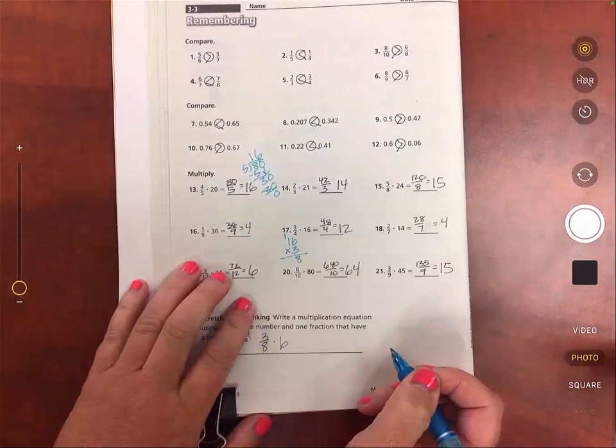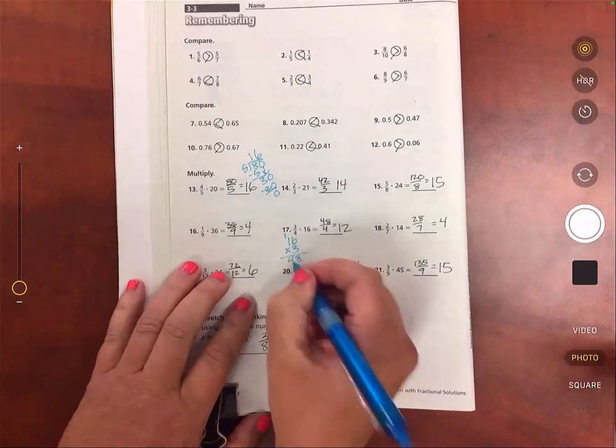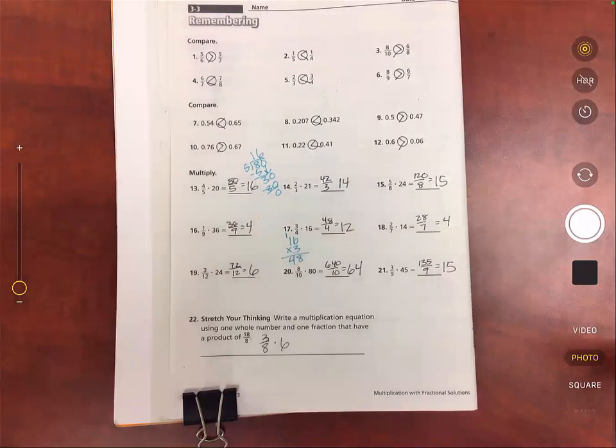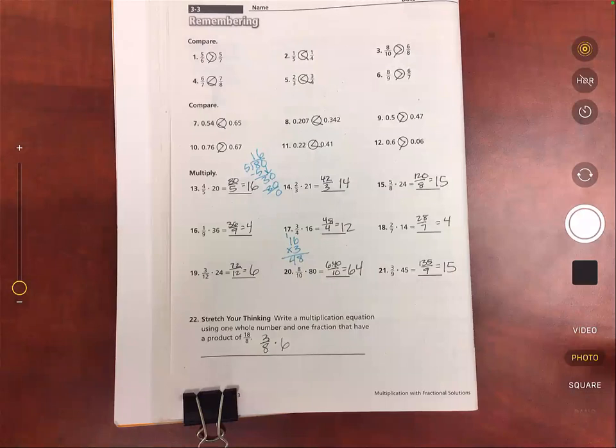Carry my 1. 3 times 1 is 3 plus 1 is 4. I see where I messed up. Okay. Any other questions on this page? I love the questions.